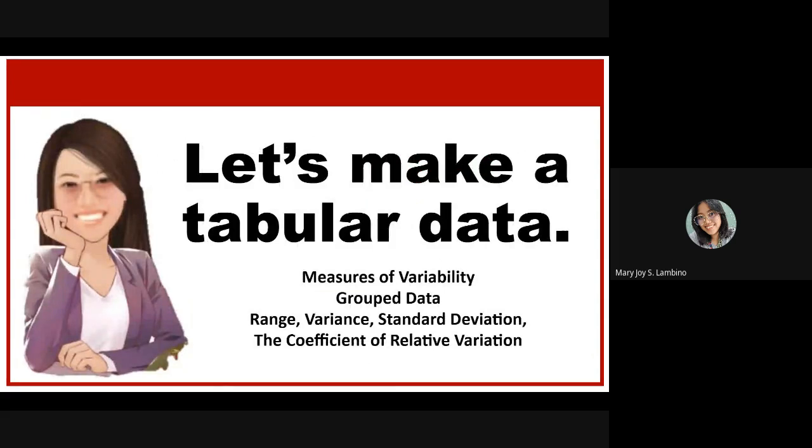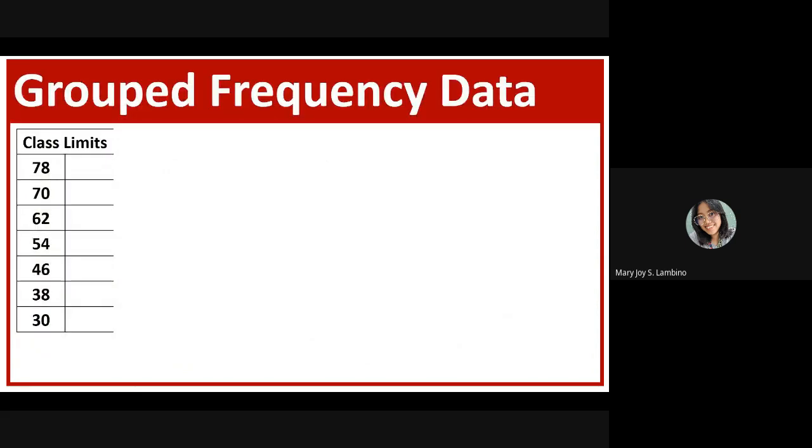Let's make a tabular data of measures of variability, group data, range, variance, standard deviation, and the coefficient of relative variation. Let's have first our group frequency data. Our class limits are represented here, which are 30, 38, 46, 54, 62, 70, and 78.